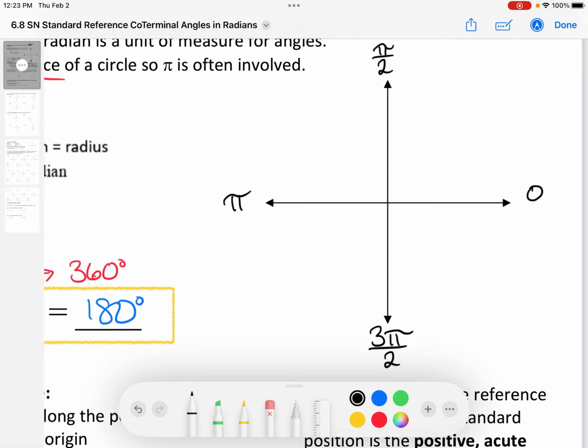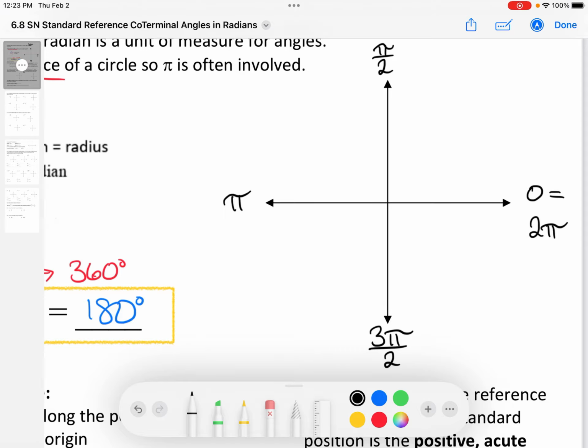And then back around to the beginning where we started, that is 2 pi radians. Think circumference of a circle. 2 pi r is 2 pi radians. These are the axis of a unit circle when we are in radians.